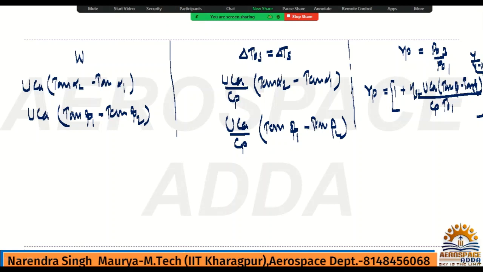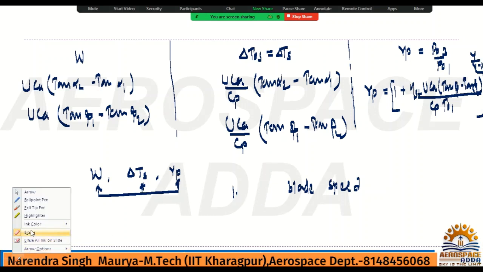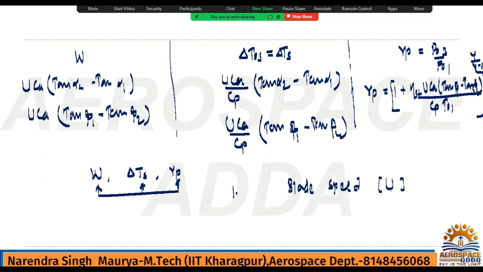If you relate everything, all the parameters, W, delta Ts and RP, check what is the exam point of view theory here. This will be depending on blade speed, blade speed means U, or rotational speed.